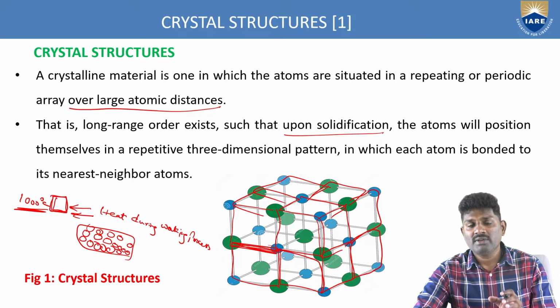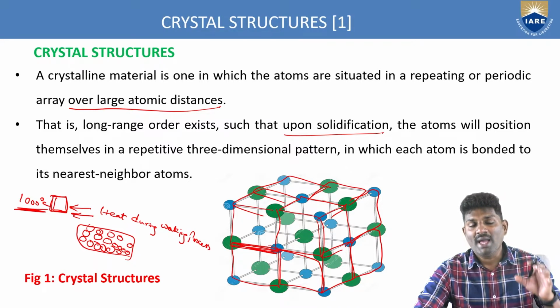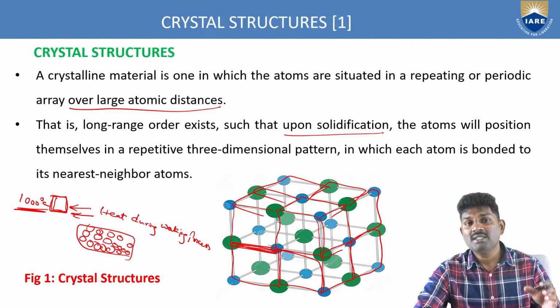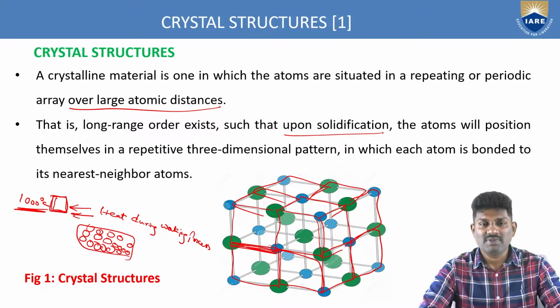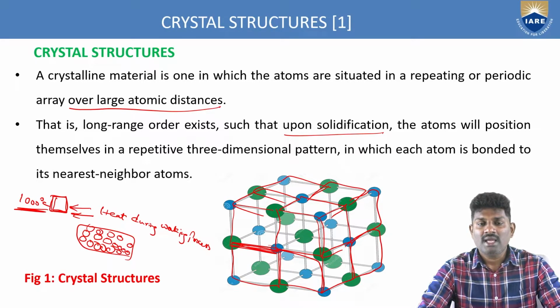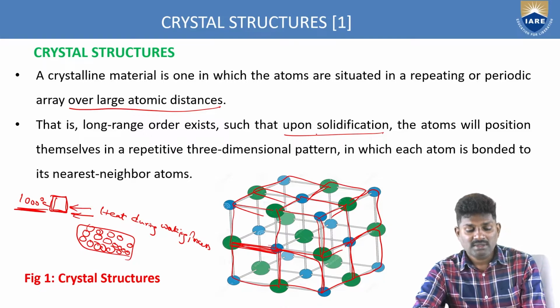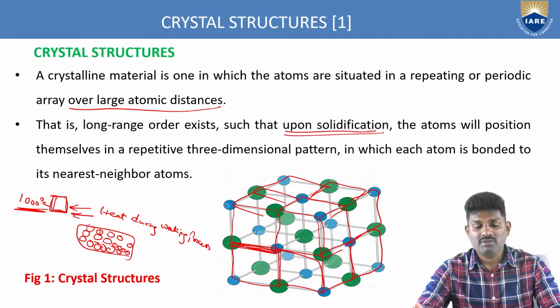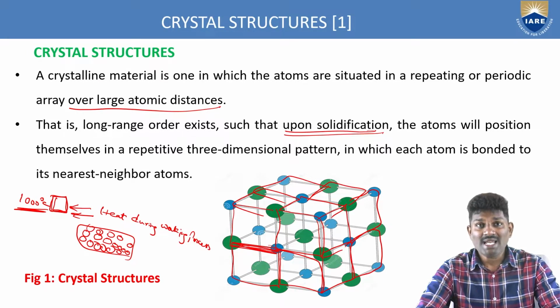Then you can easily find out the maximum temperature where you can get the solidification or liquefaction. So like that, this atomic structure is very important to classify any material, and it is very important such that you can tell the solidification time. And the atoms will position themselves in a repetitive three-dimensional pattern in which each atom bonds to its nearest neighbor atom.